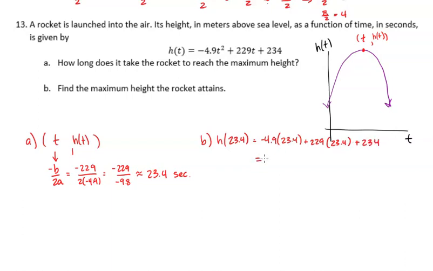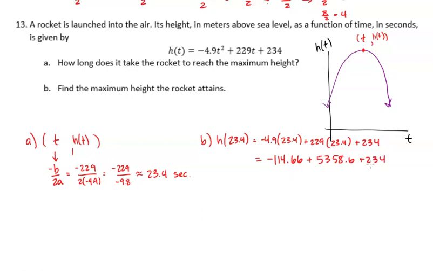And again, I got to grab my calculator and work all this out. So I'll do 4.9 times 23.4 squared. That's going to be negative 2,683.04, plus 229 times 23.4 is 5,358.6, plus 234.